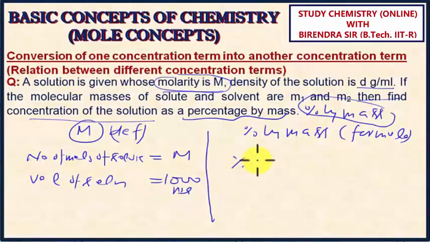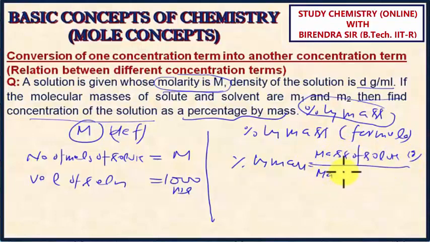And what is the formula of percentage by mass? Percentage by mass is mass of solute in gram upon mass of solution in gram into 100.